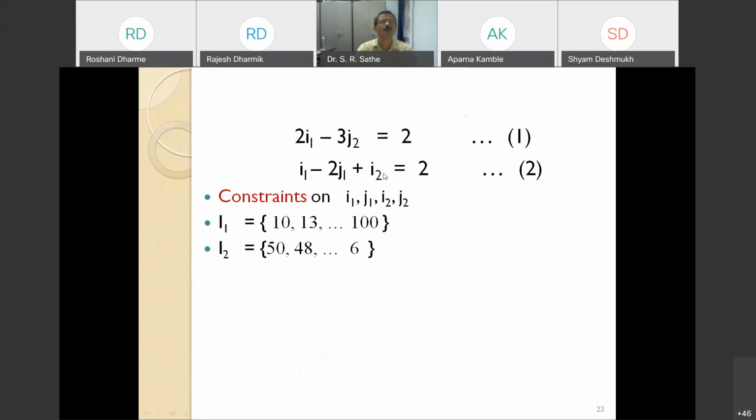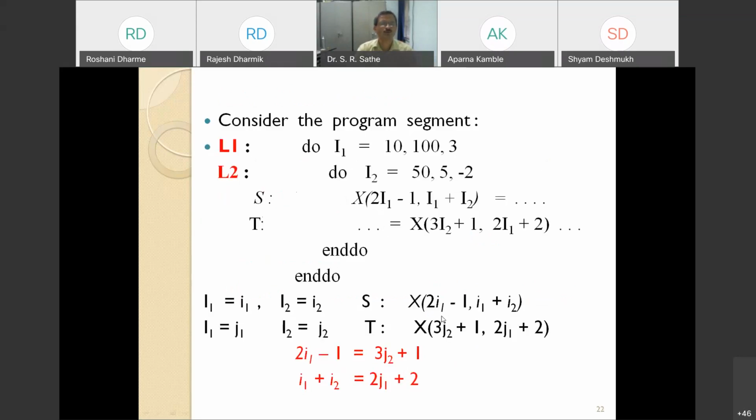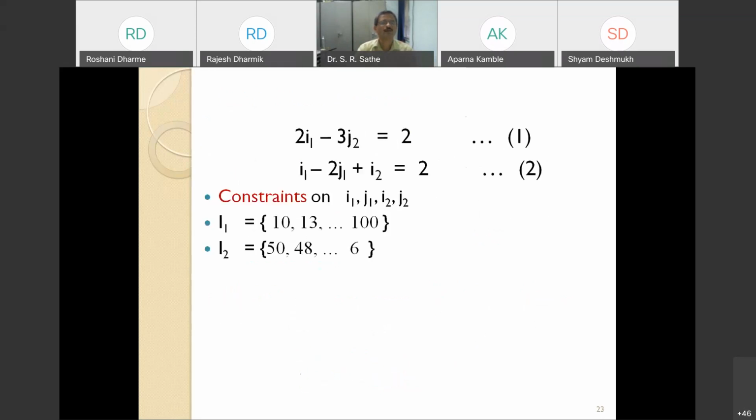So 2*i1 minus 3*j2 equal to 2, just transforming here and there, and i1 minus 2*j1 plus i2 equal to 2. So find the values of i1, i2, j1, j2 such that these two equalities are satisfied. What are the constraints on i1, j1, i2, j2? I1 must be from 10 to 100 and I2 must be from 50 to 6.